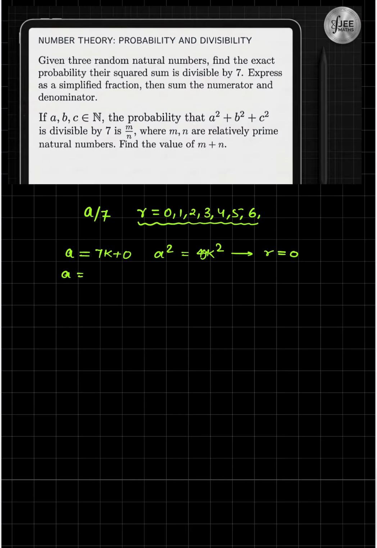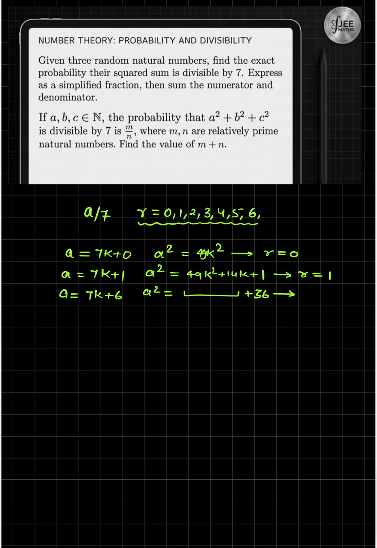Suppose we choose a of type 7k plus 1. If we square that number, we'll get 49k square plus 14k plus 1. So the remainder we are getting is 1. In the same way, if we choose a of type 7k plus 6, after squaring, we'll get two terms that are multiples of 7, and 36.